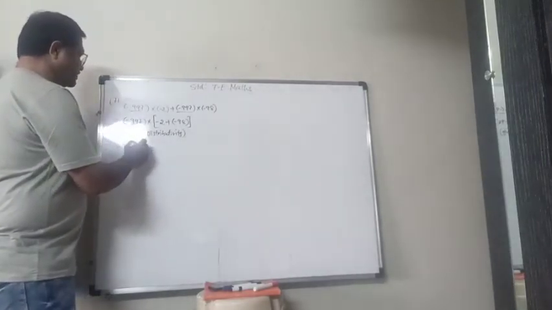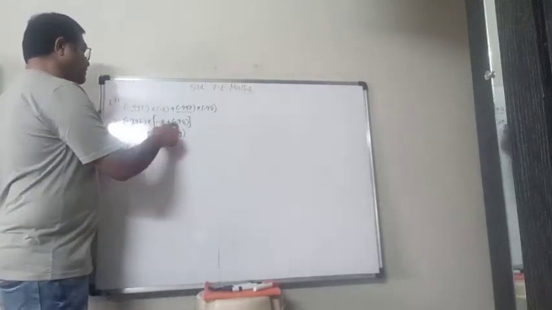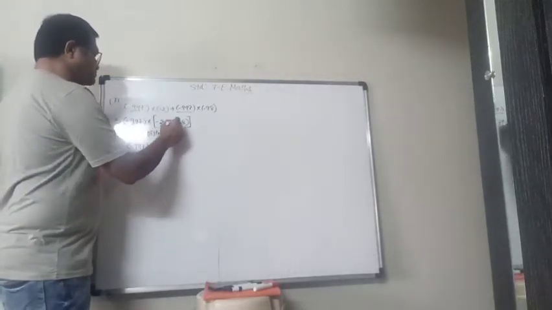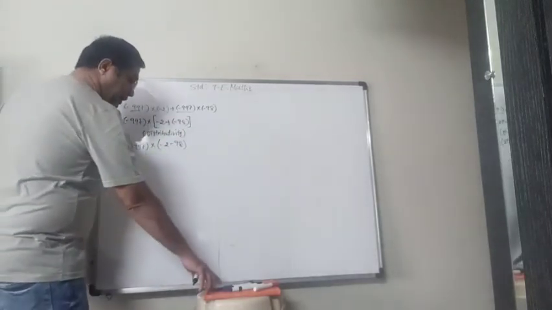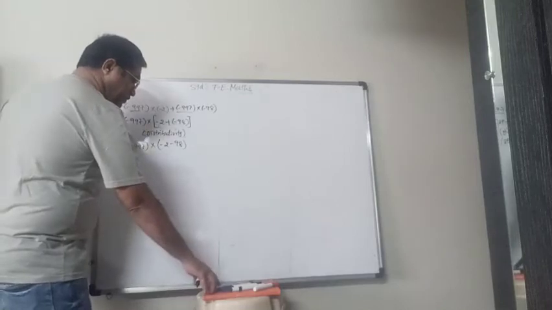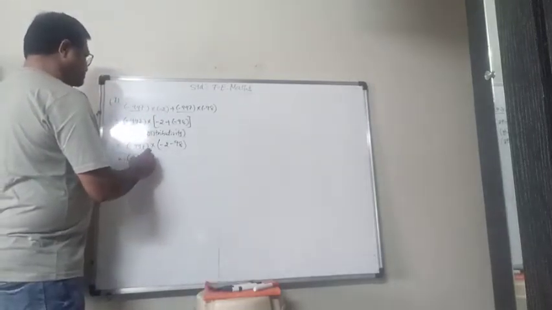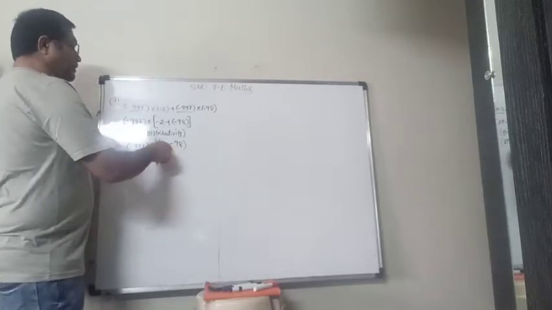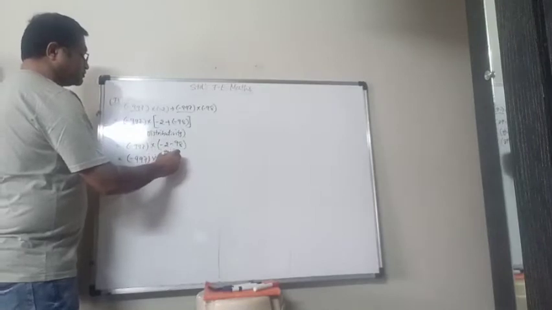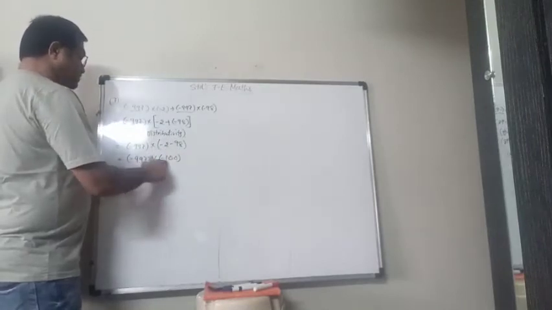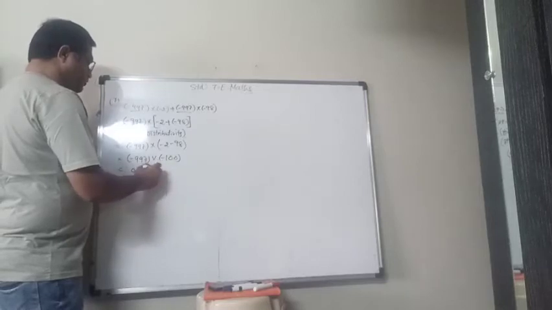So that is minus 997 multiplied by, now minus 2 plus minus minus 98, and that will be your minus 997 multiplied by, now minus 2 minus 98 is minus 100, and minus minus becomes plus, so 99700.